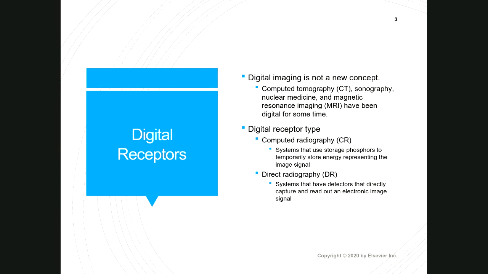But with DR, you acquire the image and it's processed at the same point in time, to where within seconds you're visualizing your image. Kind of like when you take a picture on your phone, you take it and within seconds the image is there for you to visualize and evaluate. Same thing with our DR equipment.